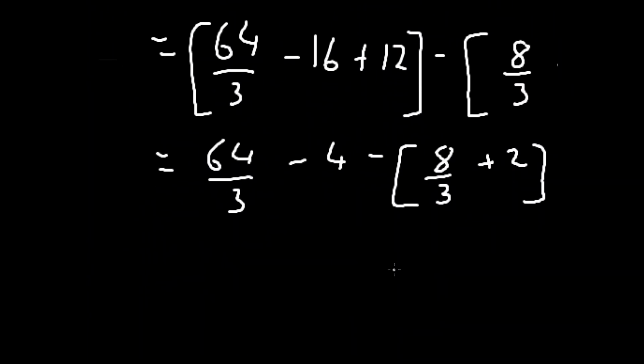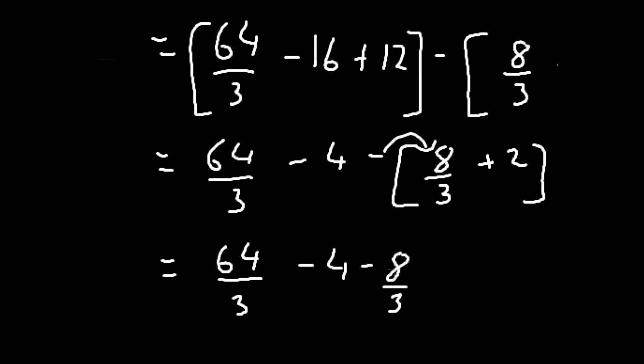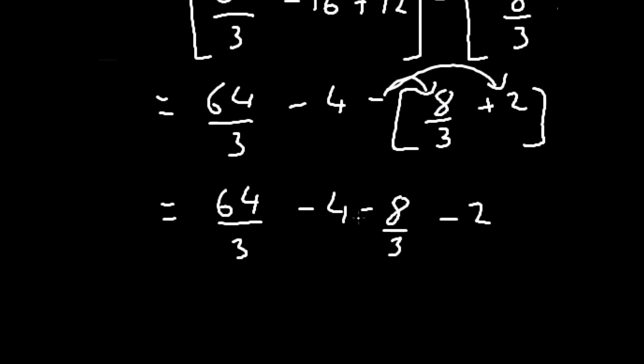So let's just expand the brackets, and that will be that minus 8 on 3. So we're timesing minus 1 across each of those, and then minus 2. So let's deal with the easy stuff first, which is this minus 4 and this minus 2. Putting it all together, that becomes minus 6.